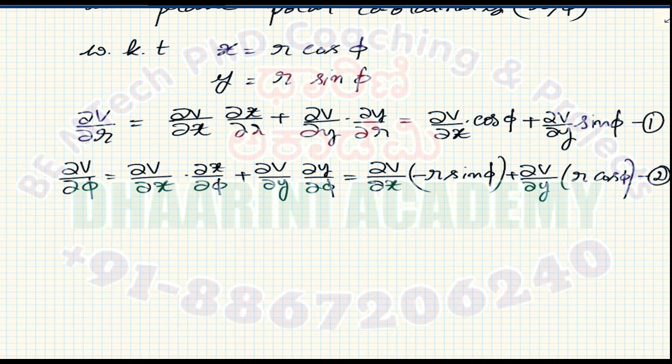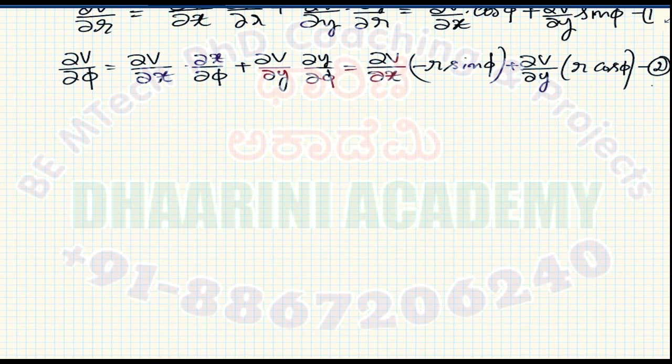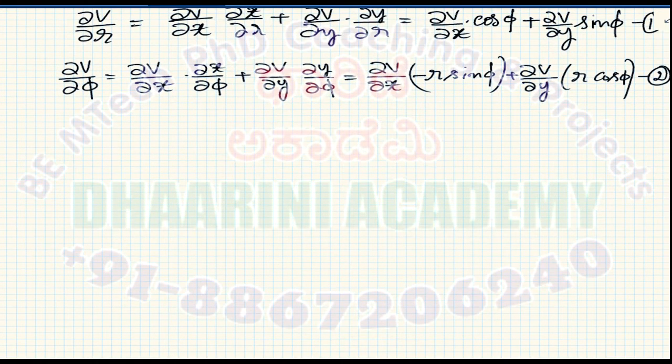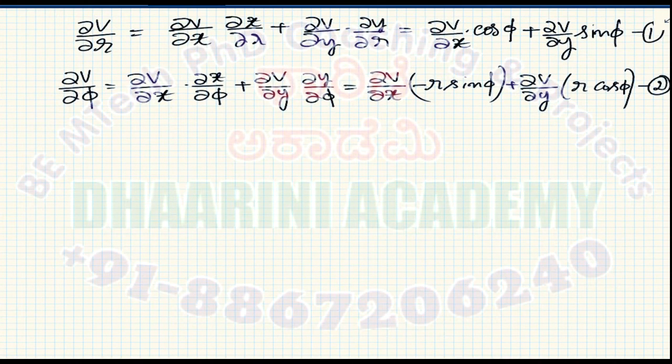Alright, now we will solve these equations simultaneously to get dou v by dou x and dou v by dou y. The equations should contain only the terms phi, v and r on the RHS, and the left hand side will be dou v by dou x and dou v by dou y.